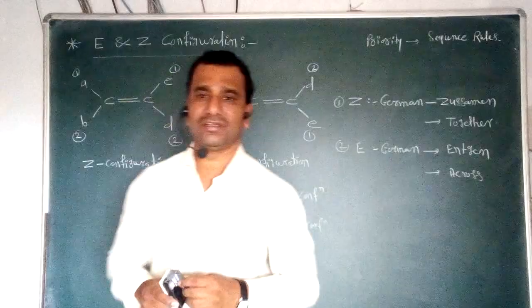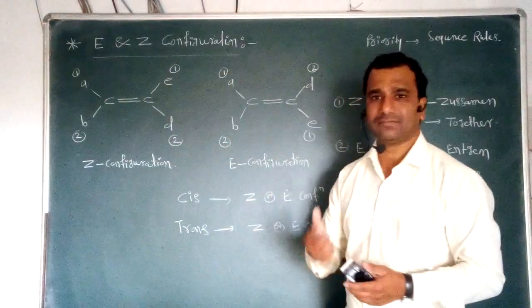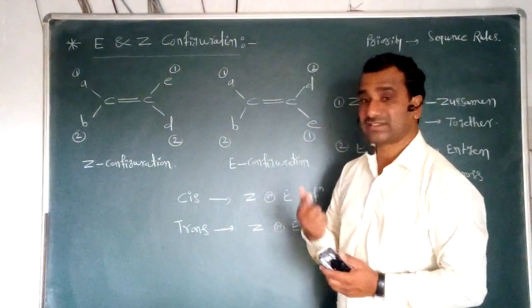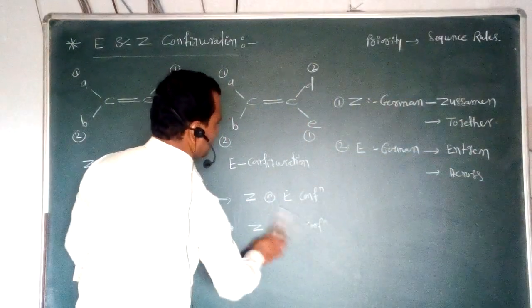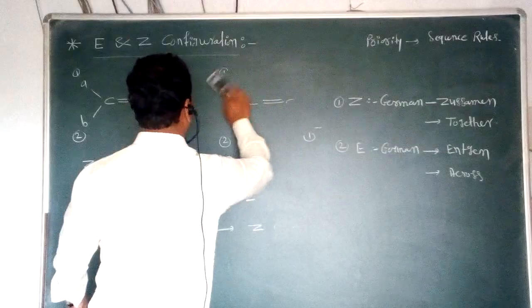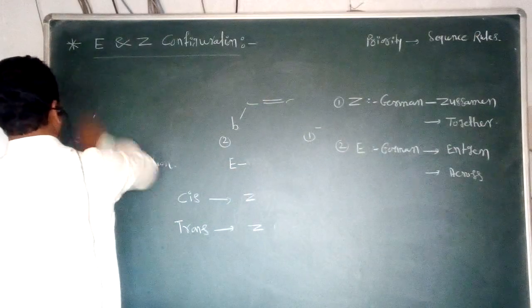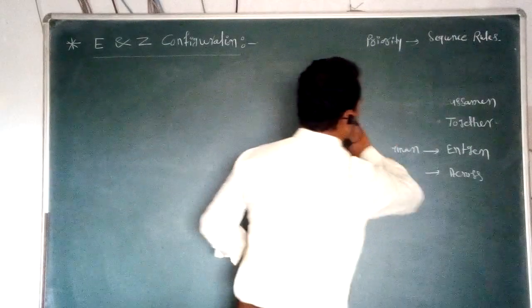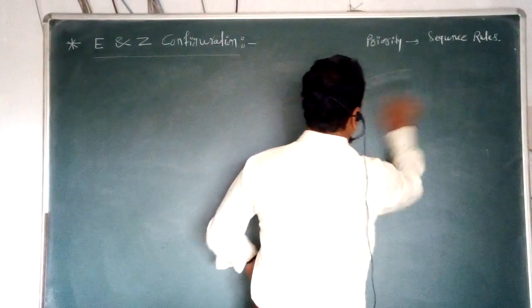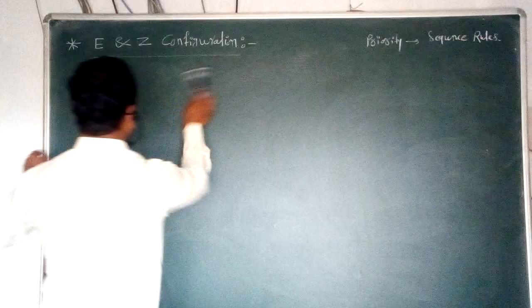Now the next task is to study some simple examples for assigning the E and Z configuration. For this purpose, we take some simple alkene molecules.